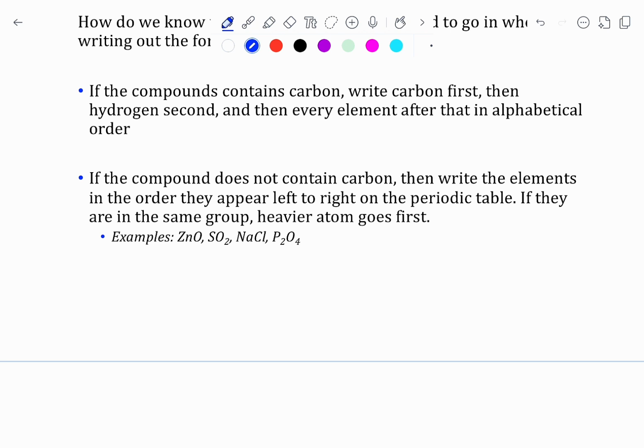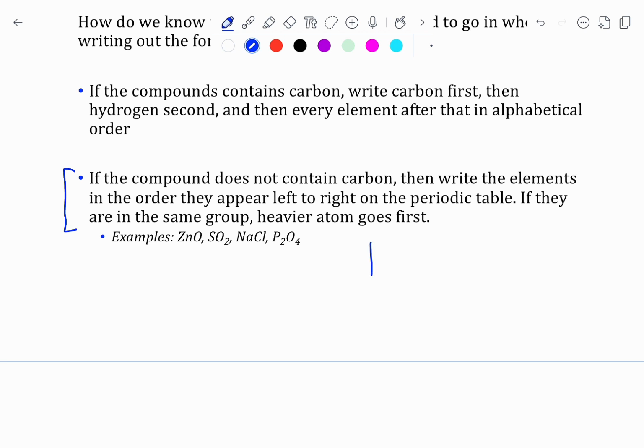Now a lot of the ordering for this second rule comes out in our rules for writing ionic compound formulas, where we put the cation first and the anion second. And that's because the cations are present on one side of the periodic table and the anions are present usually on the other side.